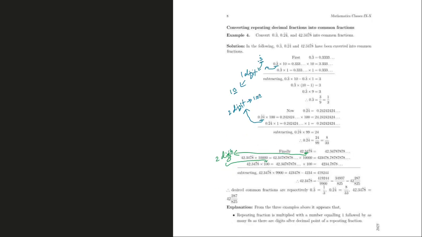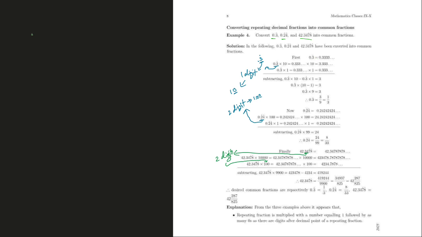Here in example 4, okay, here they're showing how to convert repeating decimal fractions into common fractions. So repeating decimal fractions, right? These are repeating decimal fractions. Say this one, and these are repeating decimal fractions. How to convert it into common fractions? So first, they're going to write it like this.